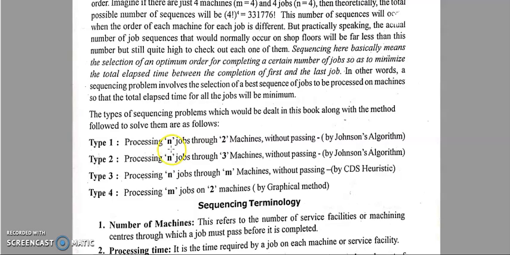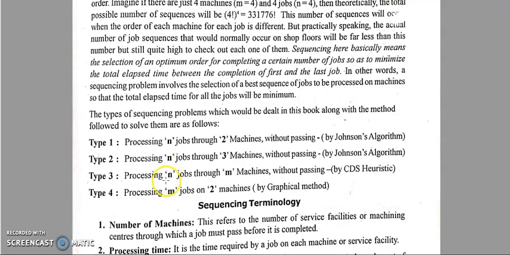Here n jobs means there are many jobs but only two machines. How are the n jobs to be performed on two machines without passing, meaning without skipping anything, and how will you find the total time required to complete all the jobs? Similarly, in type 2 we have n jobs but there are three machines. Then how to find the processing time?